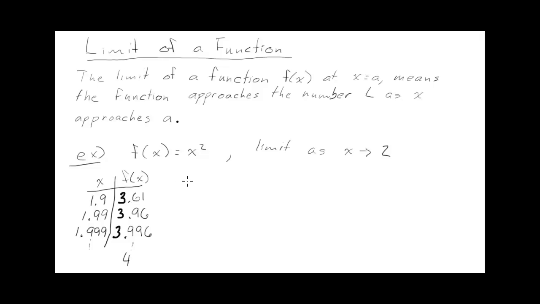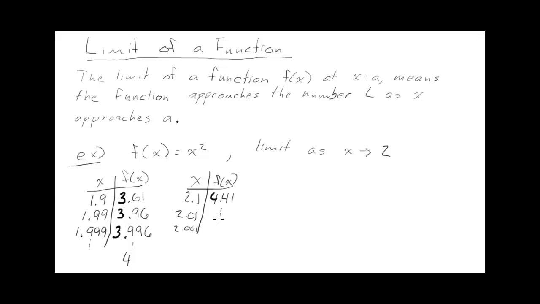And actually, you could take numbers above 2. In this case we approached 2 from below, but you could take a number like 2.1, 2.01, 2.001, and then see what's happening to f at x. So 2.1, you would get 4.41.